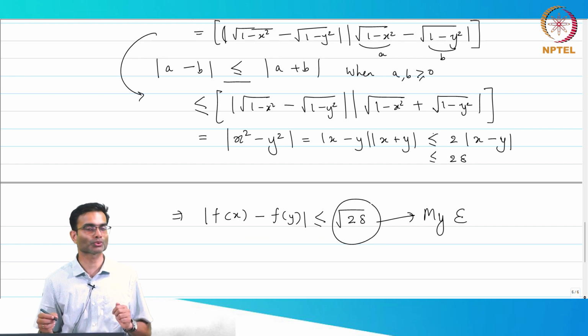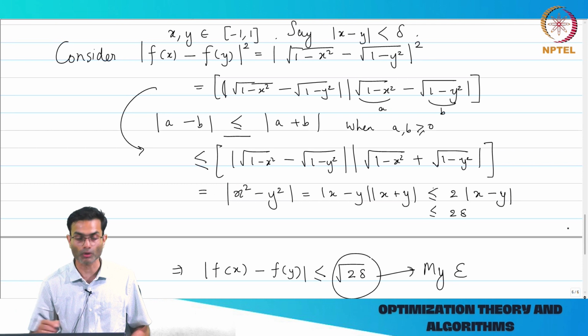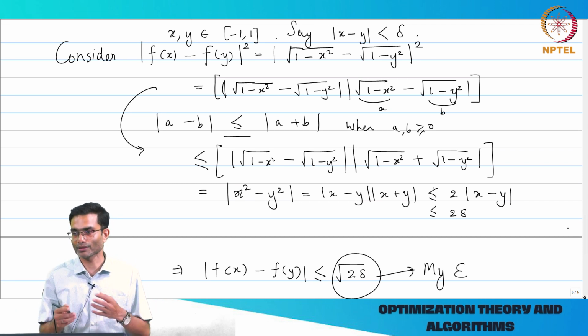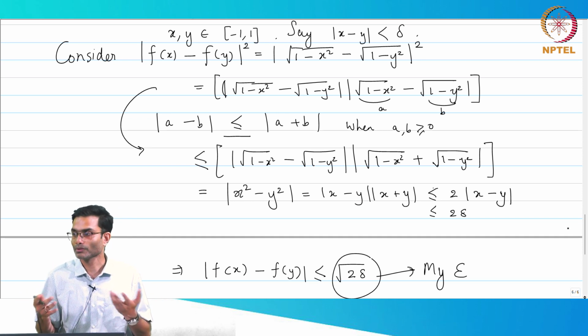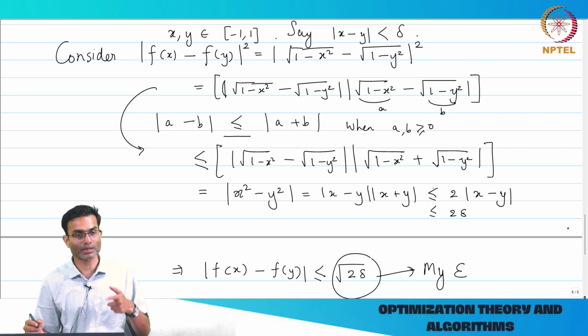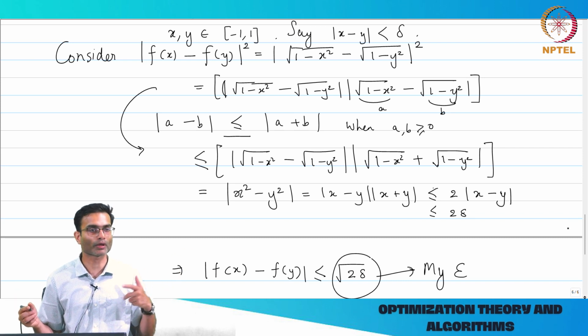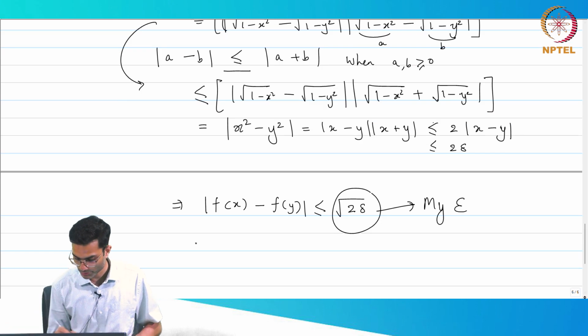I was able to show that I can come up with an epsilon such that mod of f of x minus f of y is less than or equal to epsilon, right? And is this true for all x and y? It's obvious, it's just root of 2 delta, there is no x or y appearing over there. Of course it's true for all x and y, but does my epsilon depend on x and y? No, it only depends on delta. So what kind of continuity is this? This is uniform continuity, right?